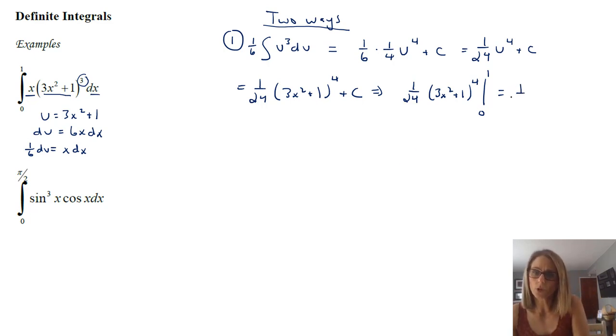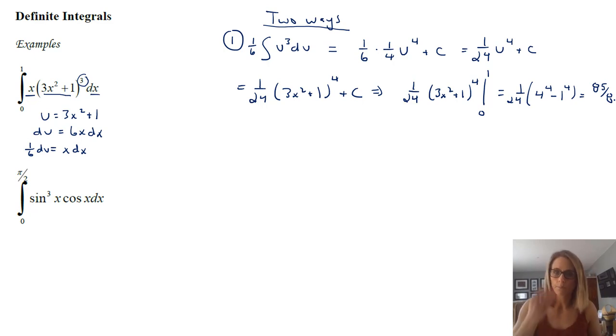So I'm going to write 1/24, and then I plug in 1, and you can see it's 3 times 1 plus 1 is 4, 4 to the 4th, minus what happens when we put in 0, so that's just 1 to the 4th. And then we can multiply that out, evaluate it, and we're going to have 85/8. Okay, so that's one way to do it.